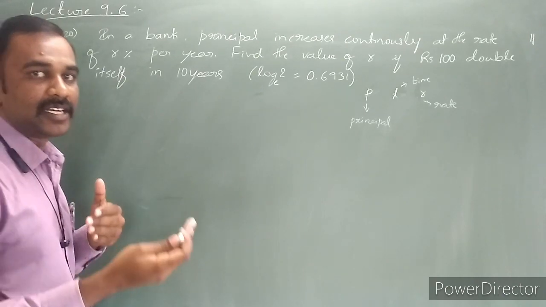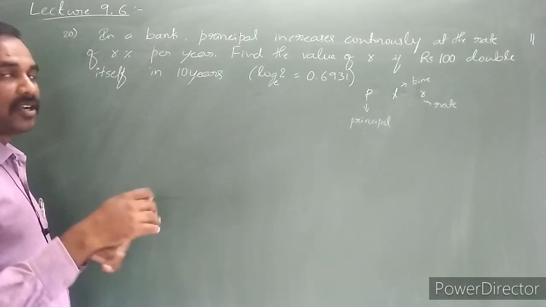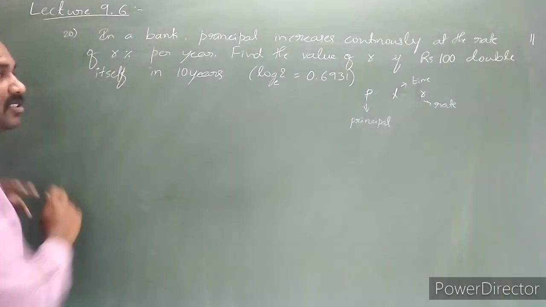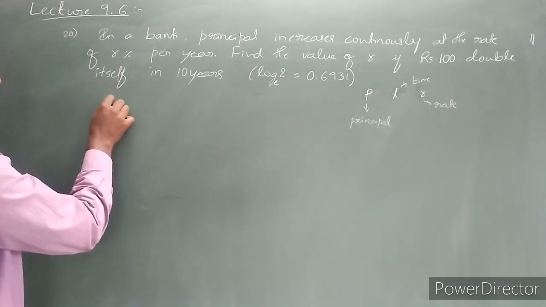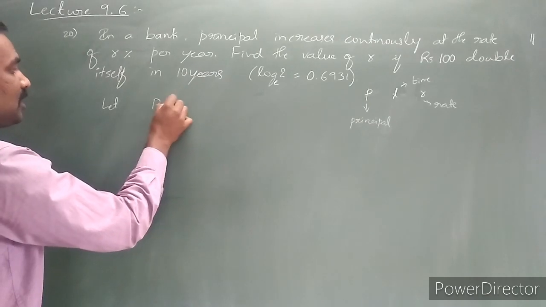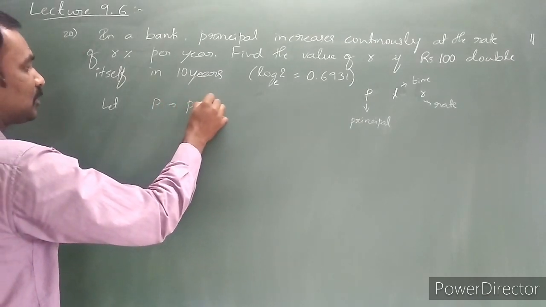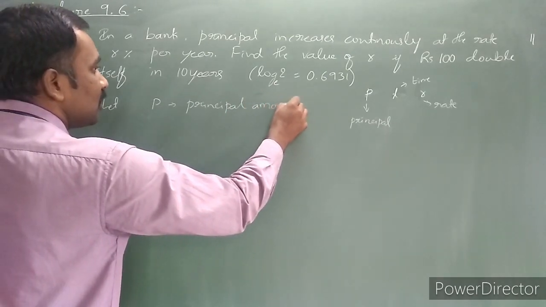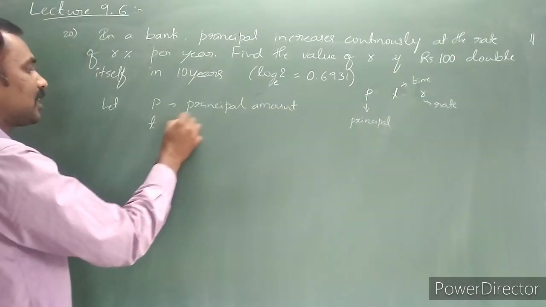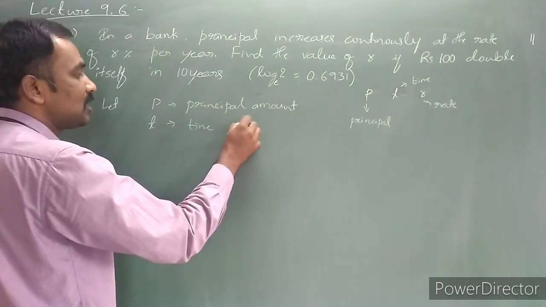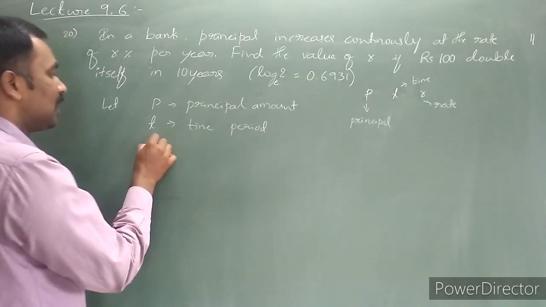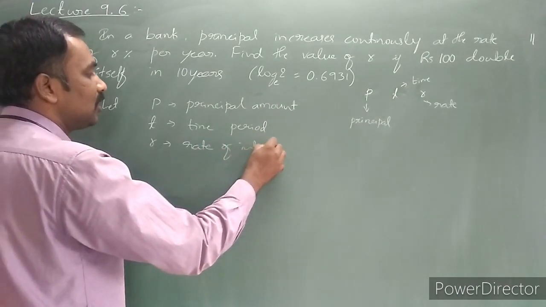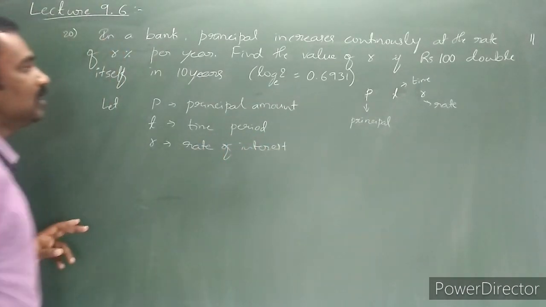Instead of mentioning a rate of interest as 5% or 6% or 10%, they have generally done it like that. So here let me mention that capital P denotes the principal amount, T is nothing but the time period, and R is nothing but the rate of interest.